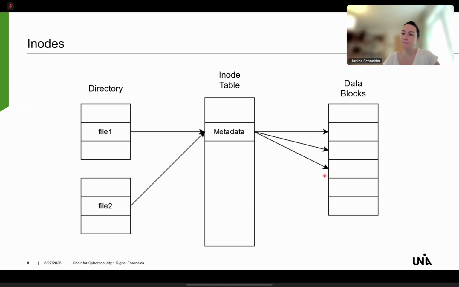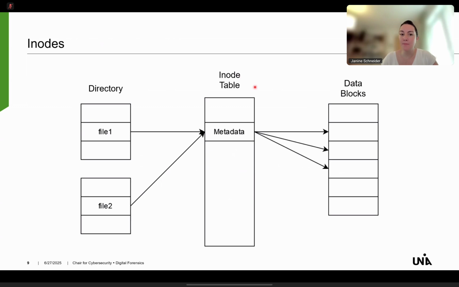Each inode has a fixed size and also a unique numbered address, a number which can be used to find specific inodes in the inode table that belong to specific files, for example.